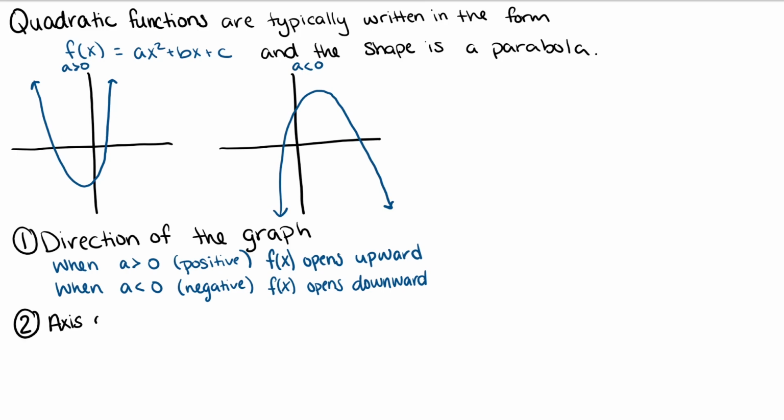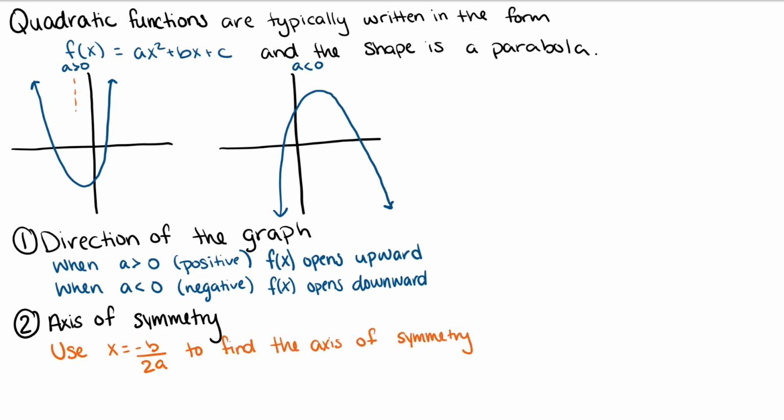Next is our axis of symmetry. We use the formula x = -b/2a to find our axis of symmetry. So this is a vertical line where x is equal to -b/2a. This is also used for our next part, which is our vertex.